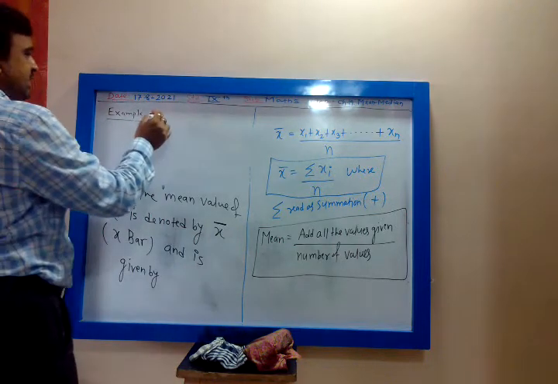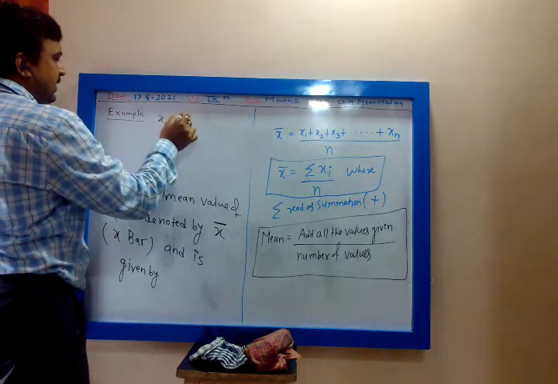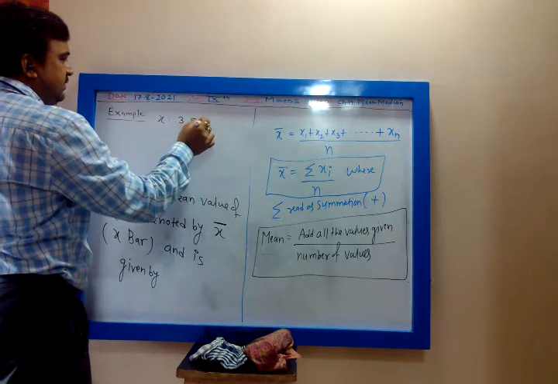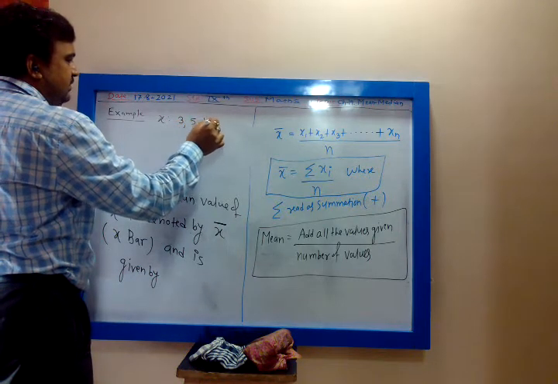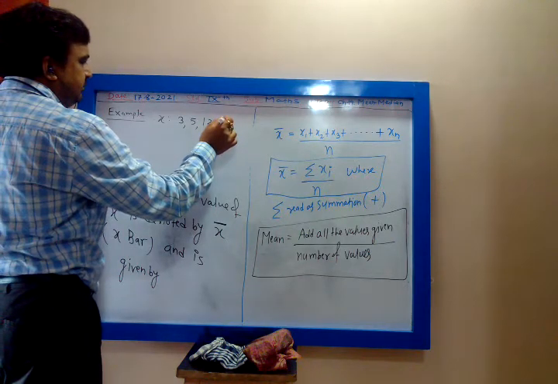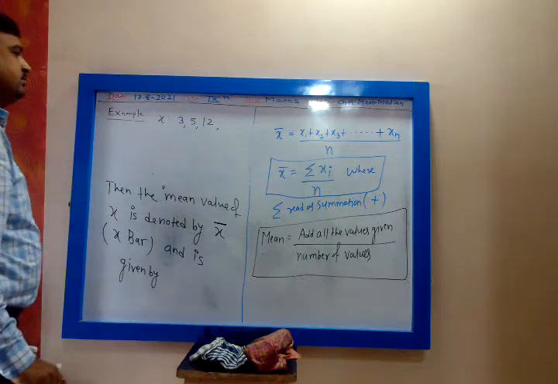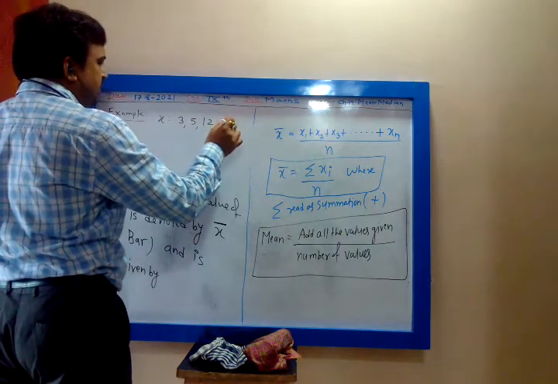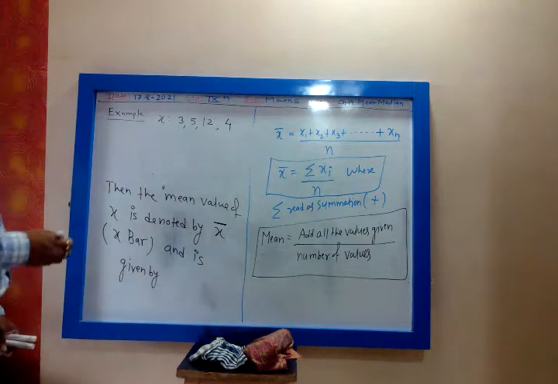The values of x are 3, 5, 12, 4. Find x bar.